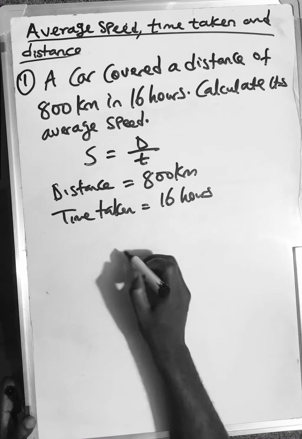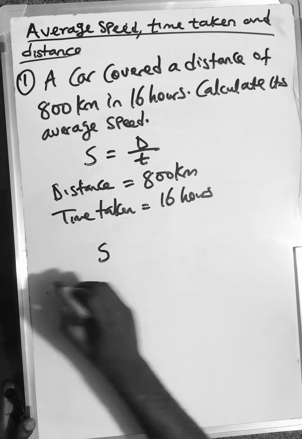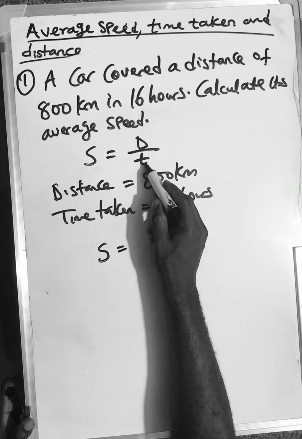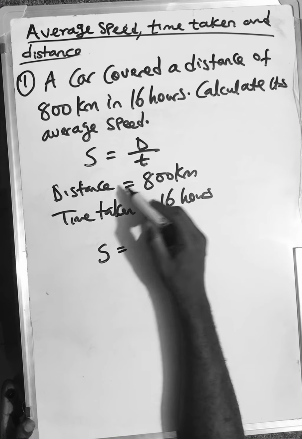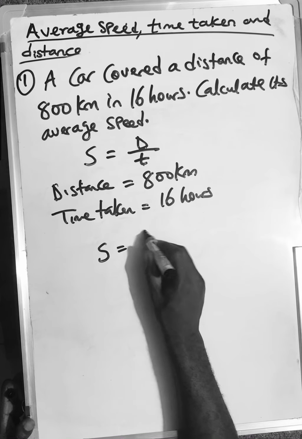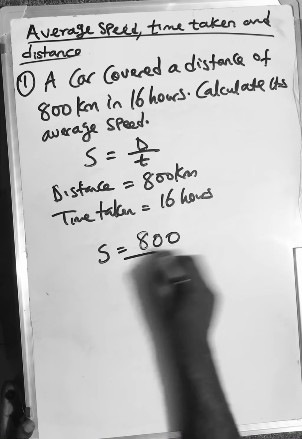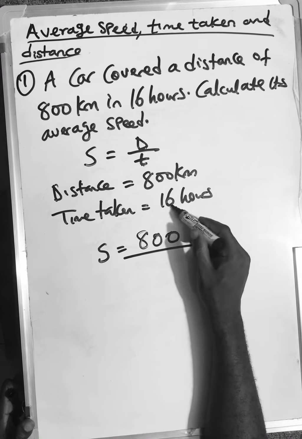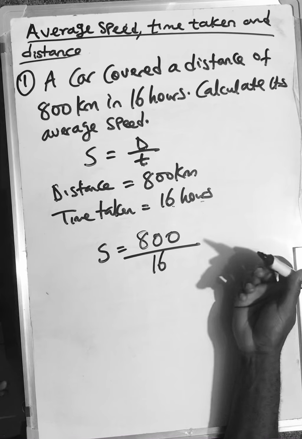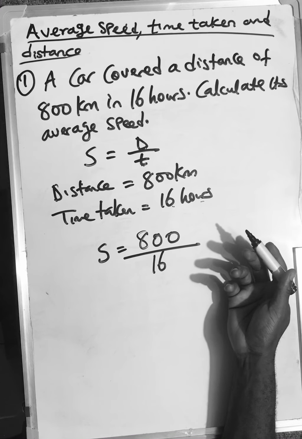Now we apply this formula. Speed, that is average speed, is equals to distance over time taken. So 800 kilometers is distance, we write 800, and T is 16 hours. That's the time taken, 16. Then we start division.